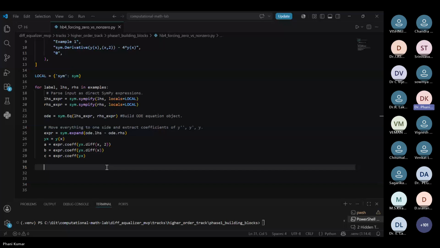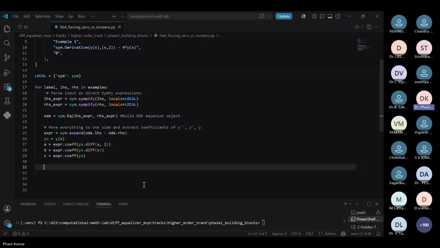How are you going to find the roots? We are going to collect all the coefficients of the derivative. That is the most important part. We are going to collect the coefficients of the derivatives. Those coefficients give us the roots of that characteristic equation.